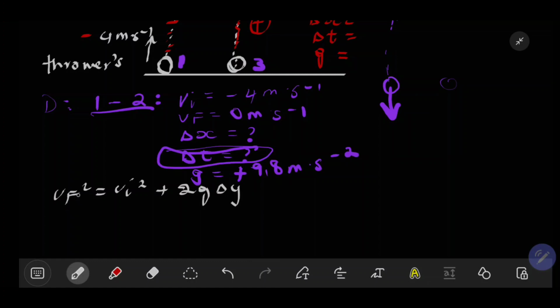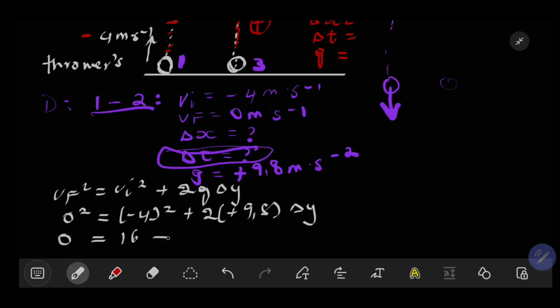So our v final is 0 squared, which equals negative 4 squared plus 2 into positive 9.8, multiplied by our displacement. Now we have 0 equals 16 plus 19.6 multiplied by our change in y.